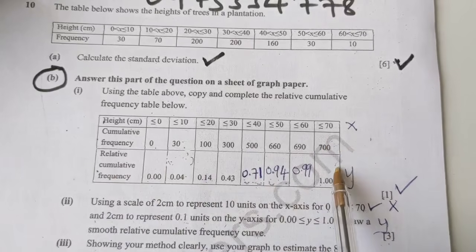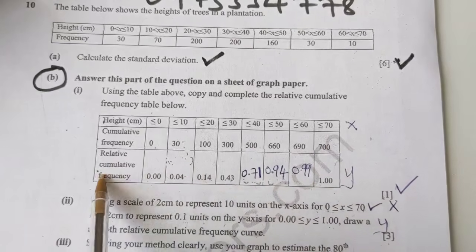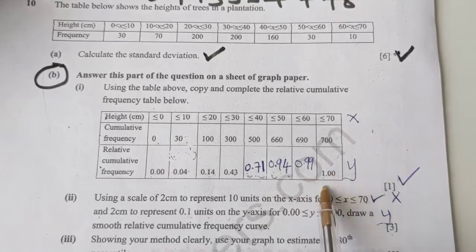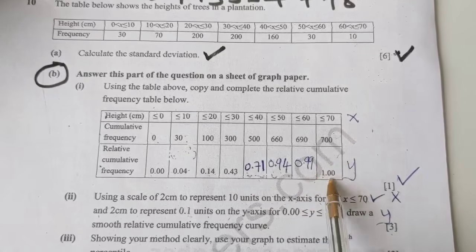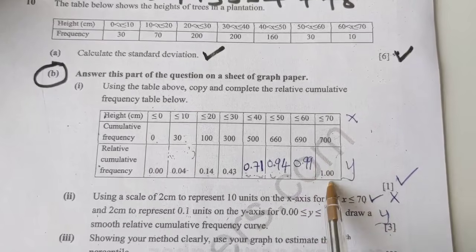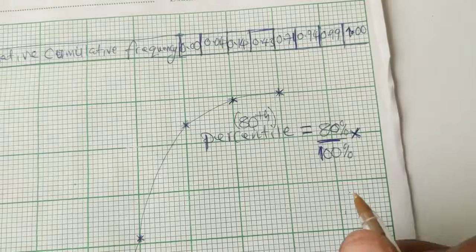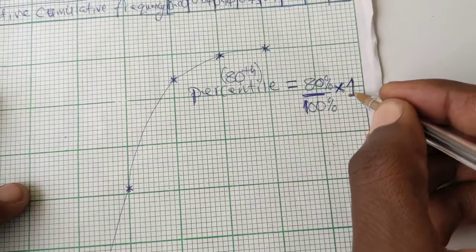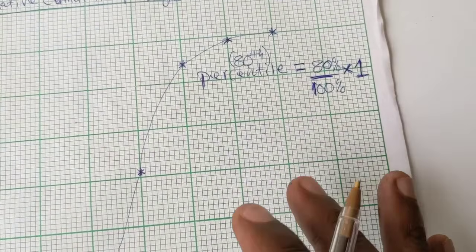But in a case where we have the relative cumulative frequency, you multiply with the total relative cumulative frequency, which is 1. So it is times 1.